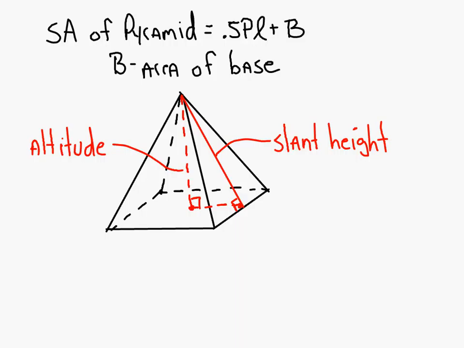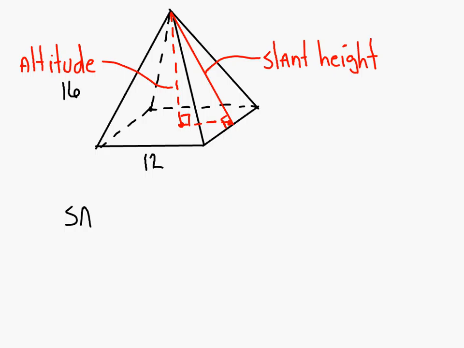So given this shape, if this base is 12 and this altitude is 16, and you're asked to find the surface area, your surface area would equal 0.5 times the perimeter of the base times the slant height plus the area of the base.